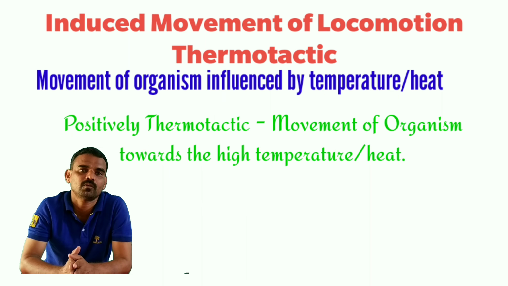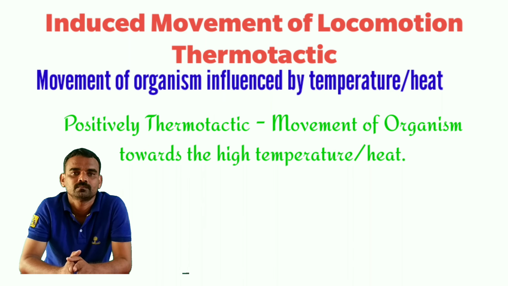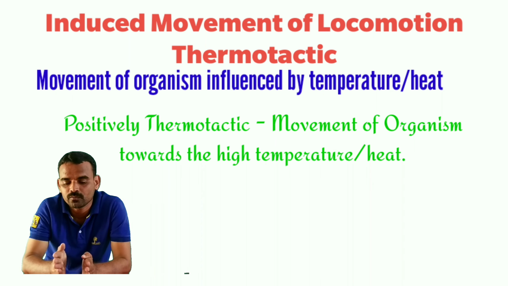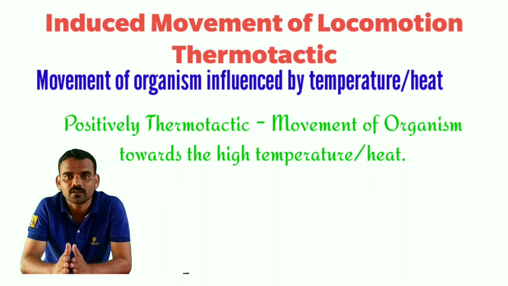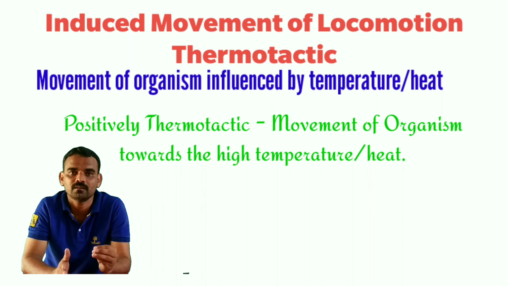Again, an example is Chlamydomonas, which moves towards high temperature up to a certain level, that is positively thermotactic movement, and beyond that level it moves away from the heat, that is negatively thermotactic movement. This is all about movements of locomotion.